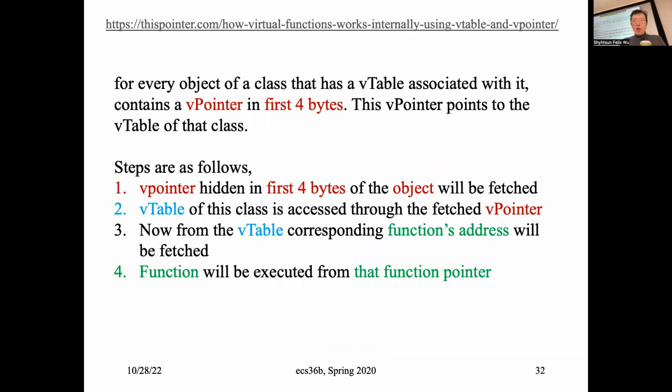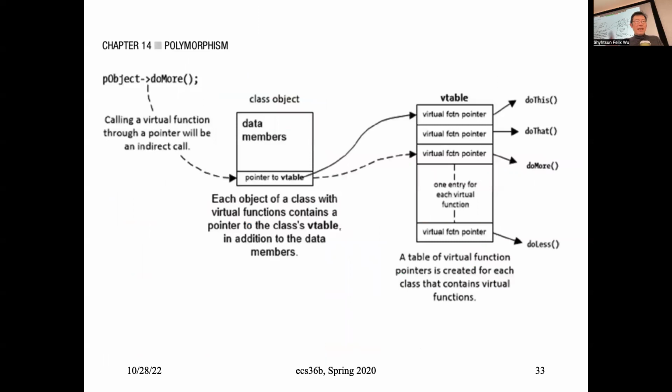But I want to show you this diagram. It looks like a data structure from the class object that's pointing to a whole table related to that particular class called vtable. And then over there, you will be able to find the right pointer.